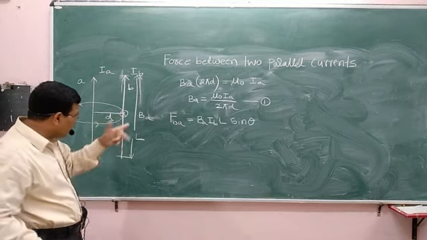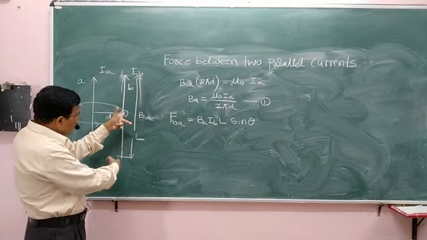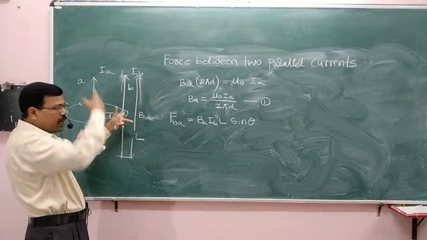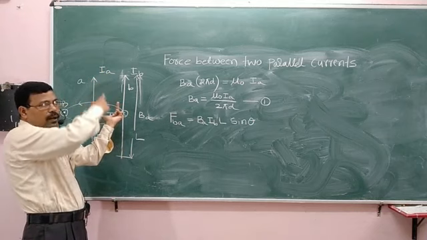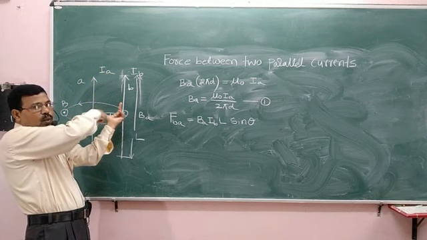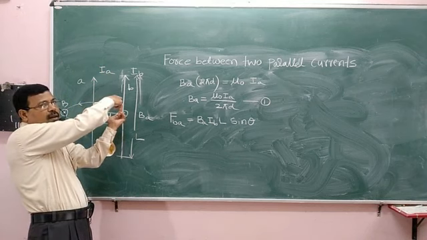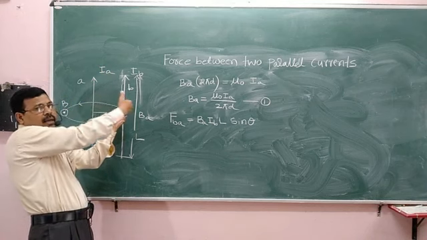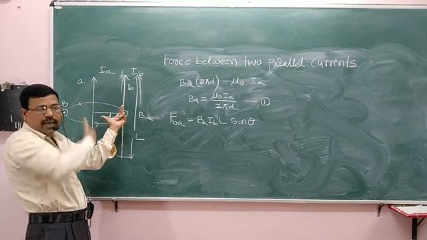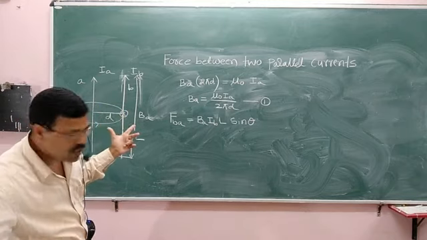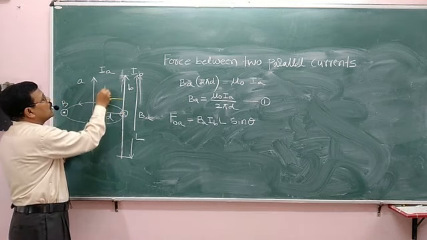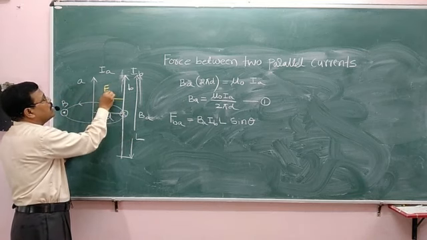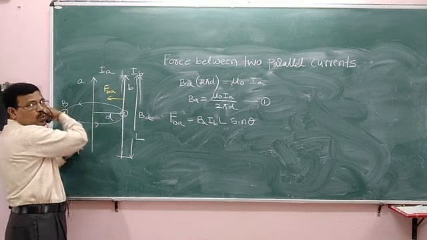So I am holding into the plane. And the current through the conductor B is vertically upward, like this. The direction of force that is acting on B by A is towards A.